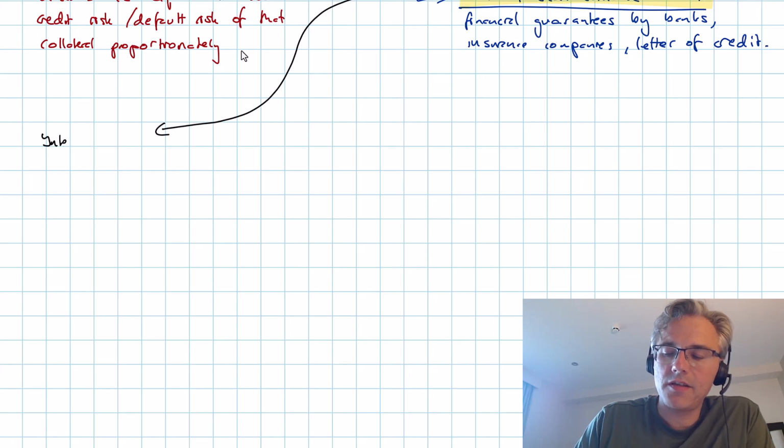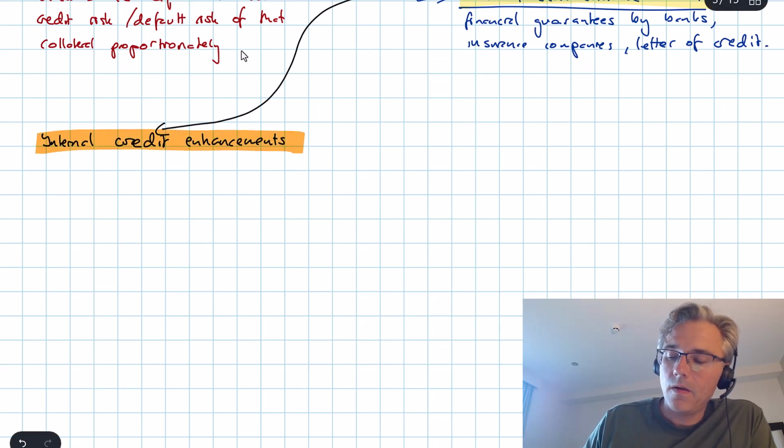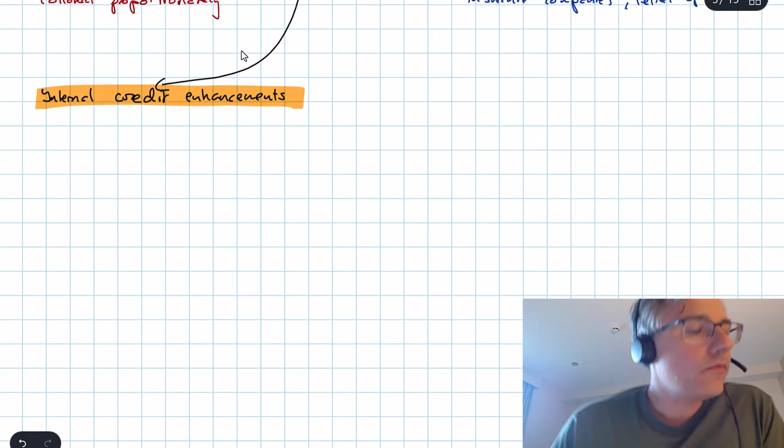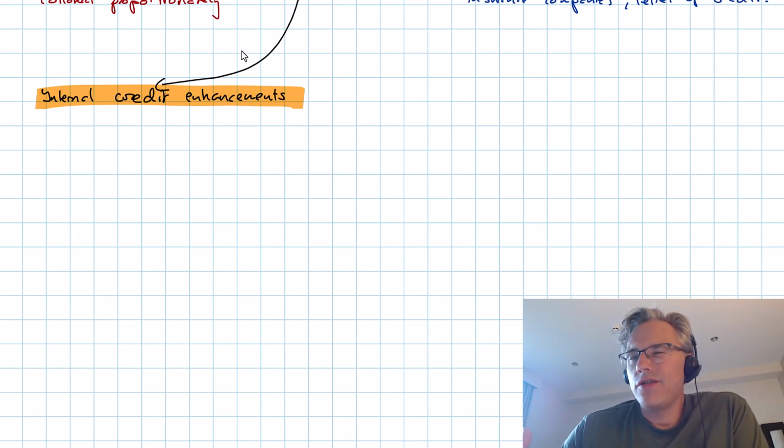So let's make space over here for internal credit enhancements, and let me tell you what these are going to be about. They come from the way in which the ABS structure is set up.